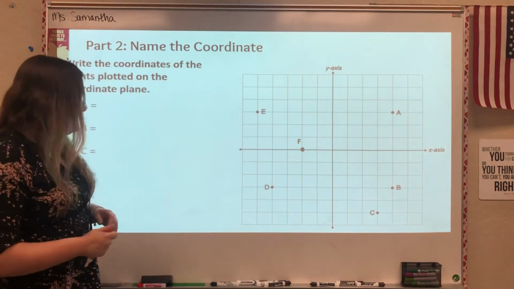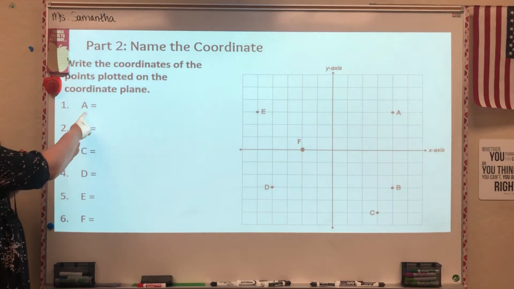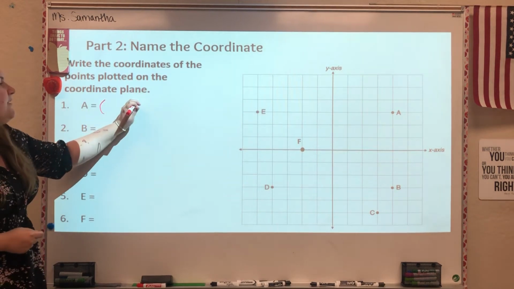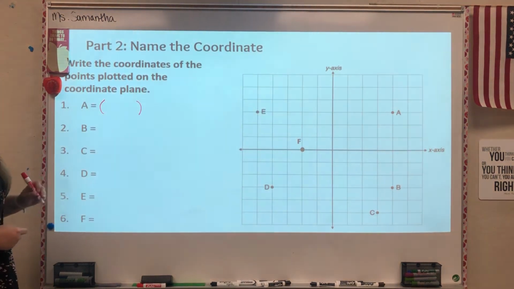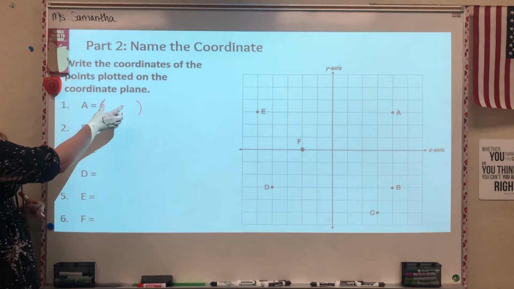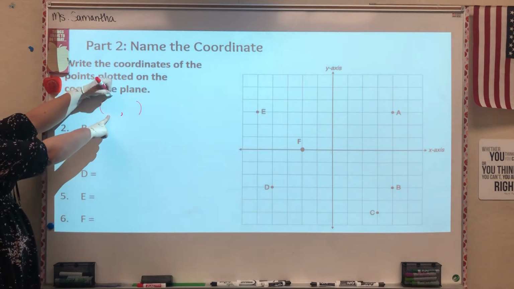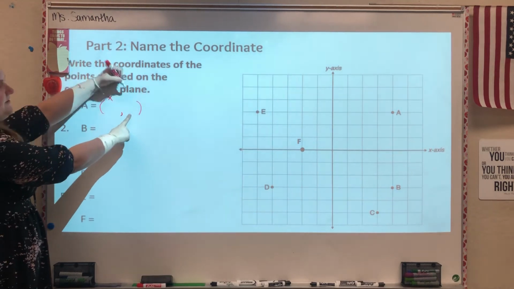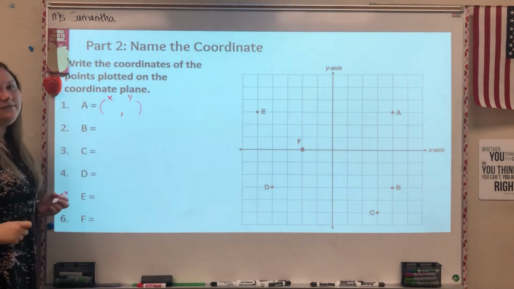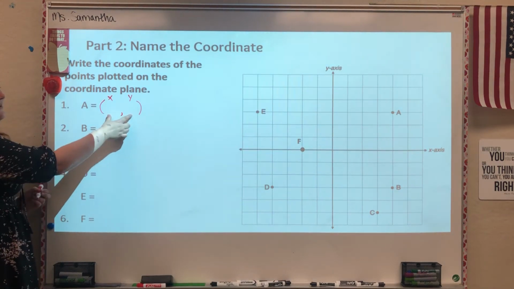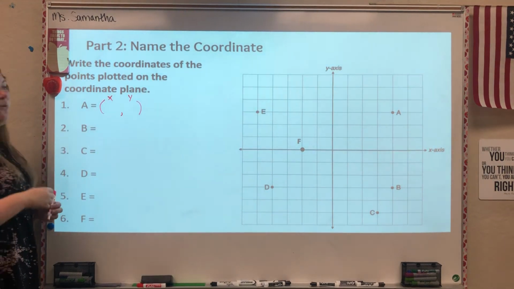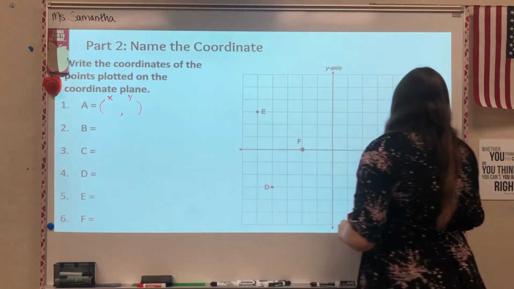So I'll show you, for example, point A. I know from before that there's going to be parentheses around our coordinate, and there's 2 numbers I'm trying to find. I also know from before that our first number is our x coordinate, and our second number is our y coordinate. So if I wanted to write this coordinate, I could start by counting where A is on our x-axis.